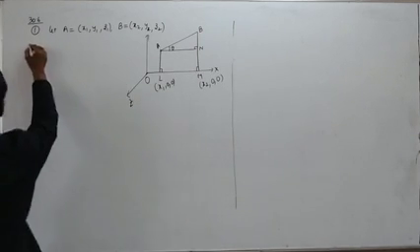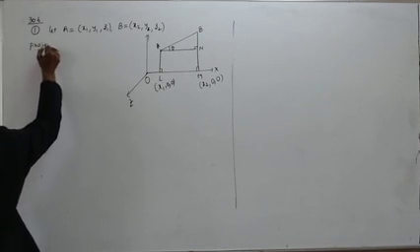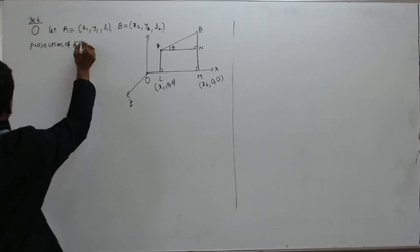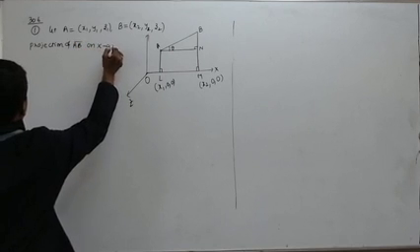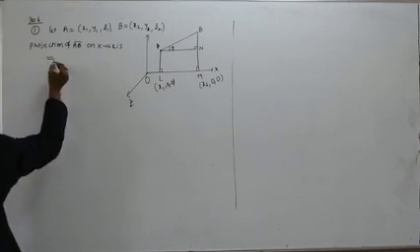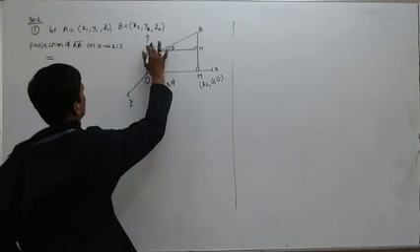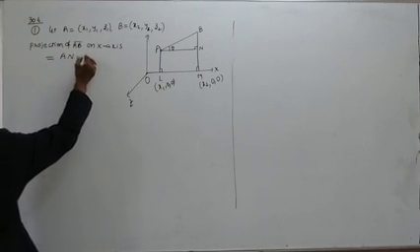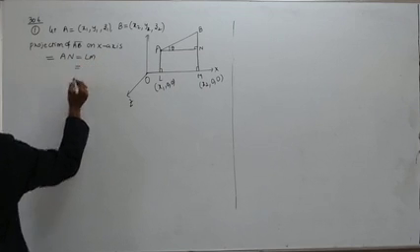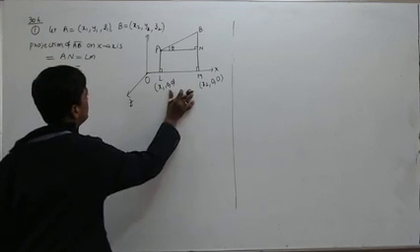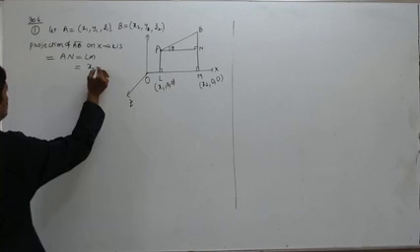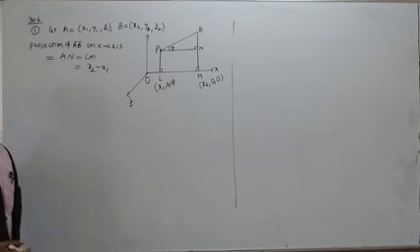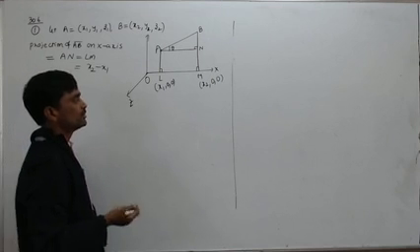Now, the projection of AB on the x-axis is the length of AN, which is equal to LM. So that is equal to what you will get? What is the distance between L and M? It is nothing but x2 minus x1. Am I correct? Using the distance formula, you will get: x2 minus x1 whole square plus 0 minus 0 whole square plus 0 minus 0 whole square.